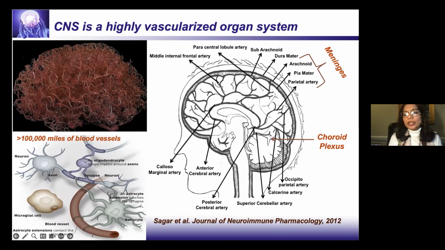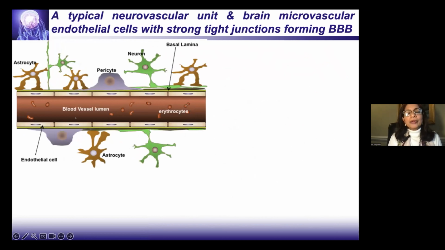The neurovascular unit is made up of highly specialized microvascular endothelial cells, which make high endothelial venules within the CNS. These are lined by the footpads of astrocytes and pericytes, and also associated with neurons and astrocytes as well.